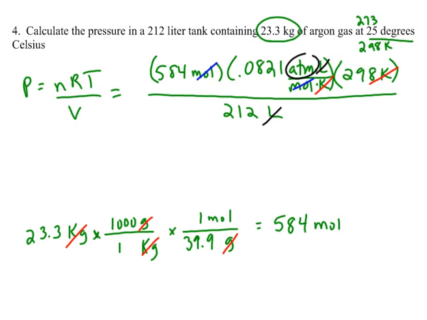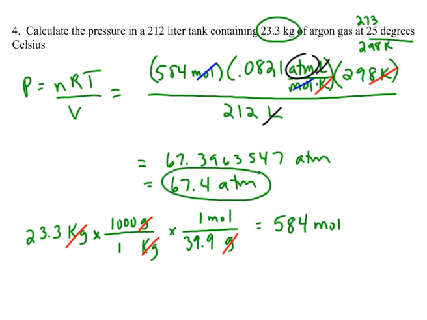If you plug these numbers into your calculator correctly, you will get the answer 67.3963547 atmospheres. We're rounding to 3 sig figs, and so that would give us 67.4 atmospheres as our final pressure.